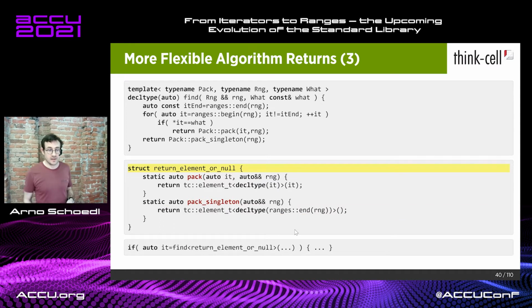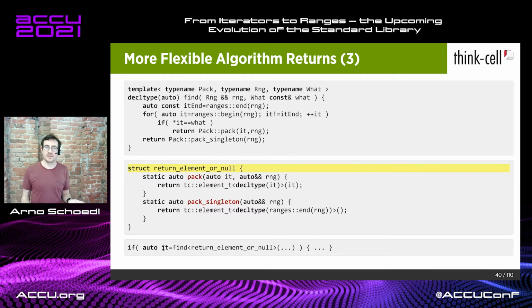Now, what you can also do is you can return the element, or if we are supposed to return end, we wrap the iterator into something that has an explicit operator bool, that is bool evaluatable, so that you can do an if directly on the iterator.